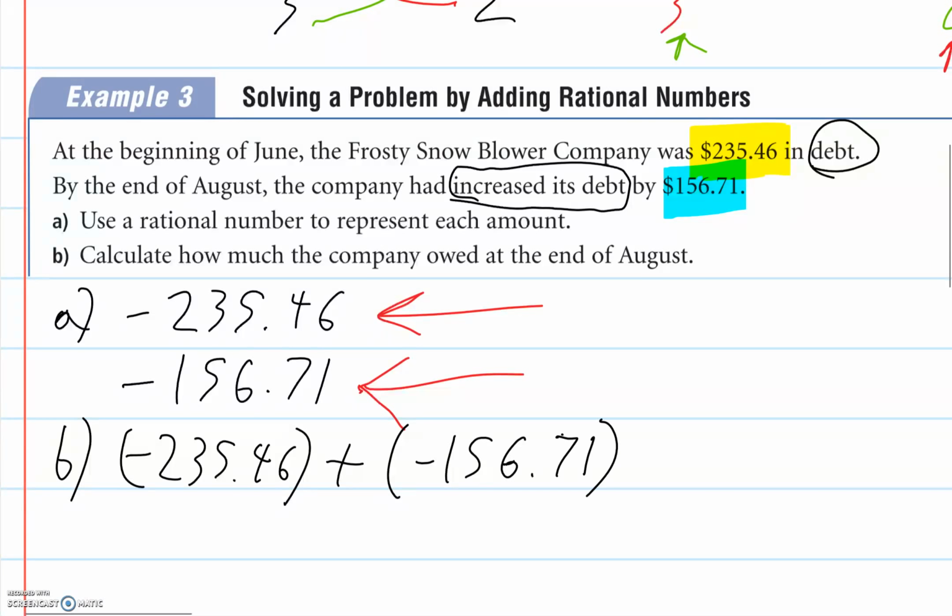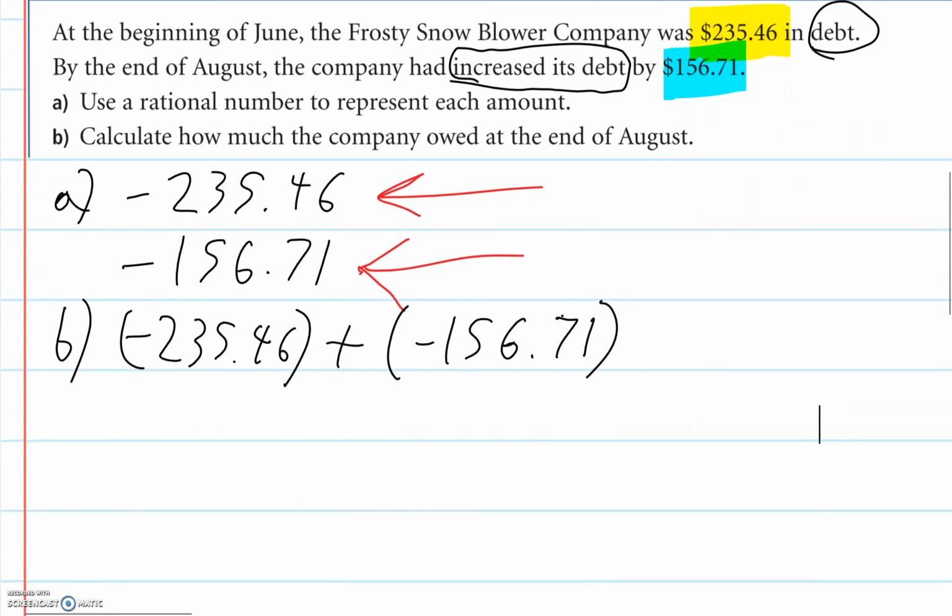The tricky part is recognizing that when you add the debt, we're adding a negative. The same thing that we had earlier, the negative shows up. So positive and negative means that it's negative.